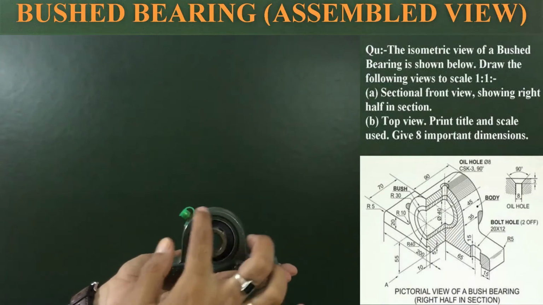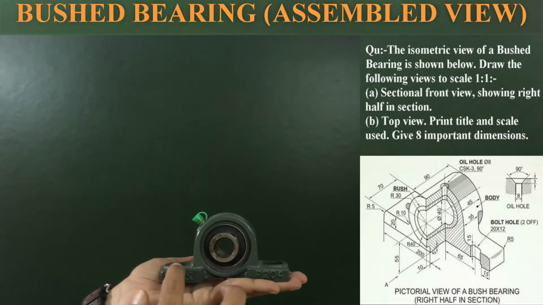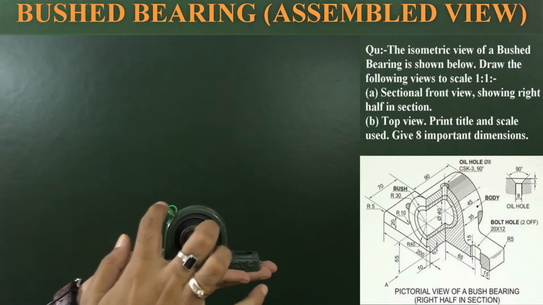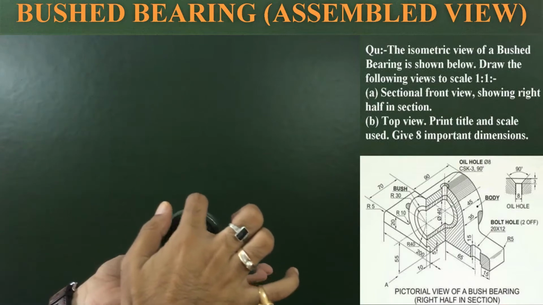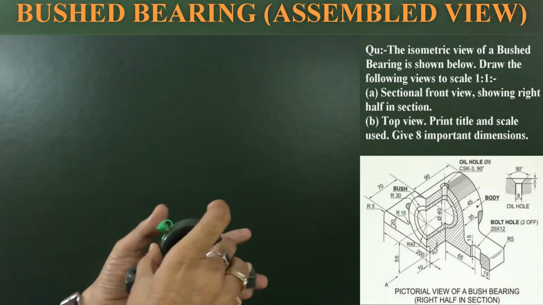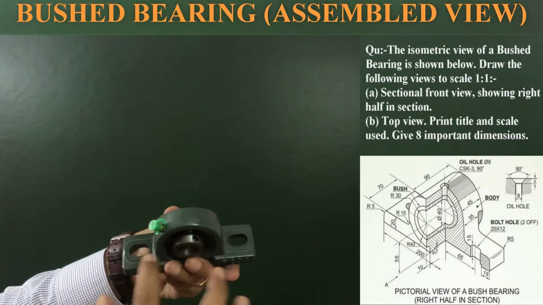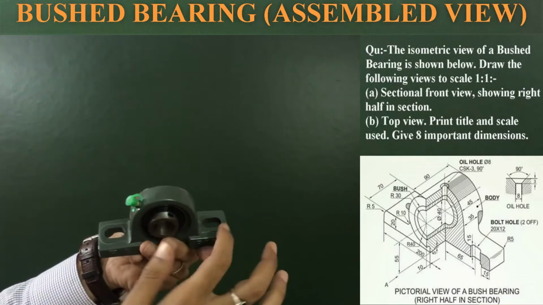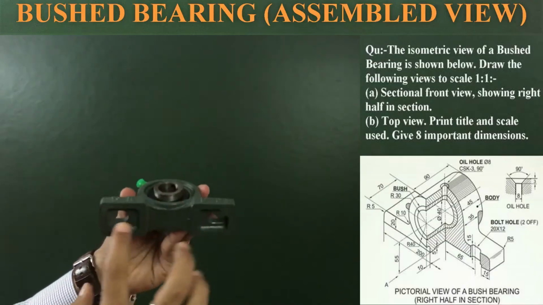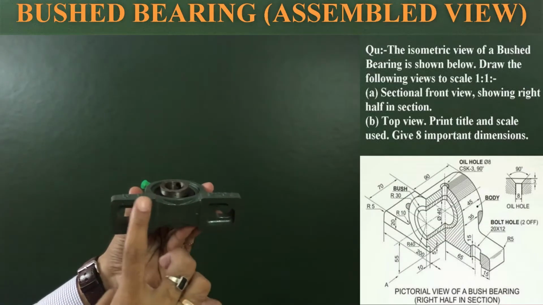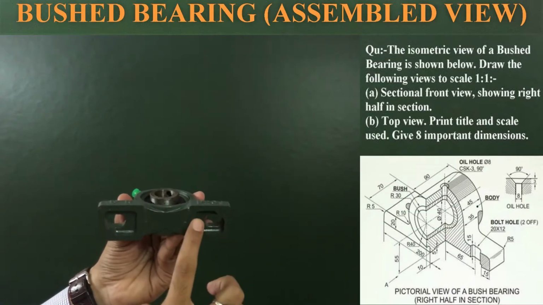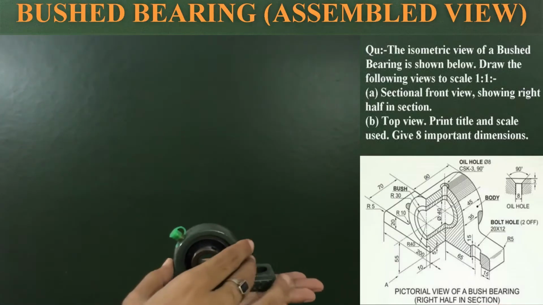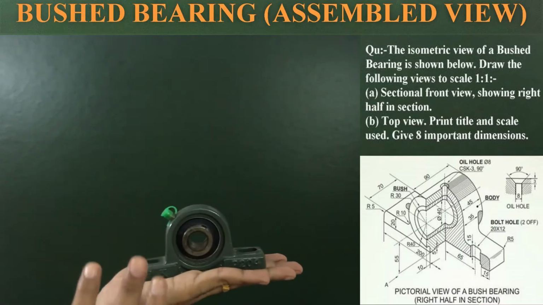This part is the body, the second part is the bush, and this is the oil hole which is in the top middle somewhere here, and we have 2 holes for bolts. These holes are called bolt holes, and then lastly the leg cavity. In this bearing we have 2 leg cavities, and in that problem figure only one rectangular central cavity is there.